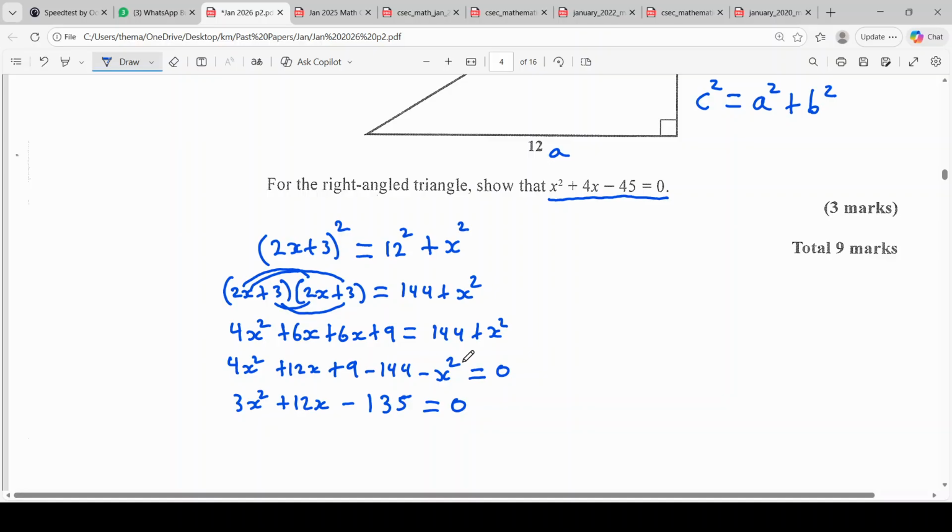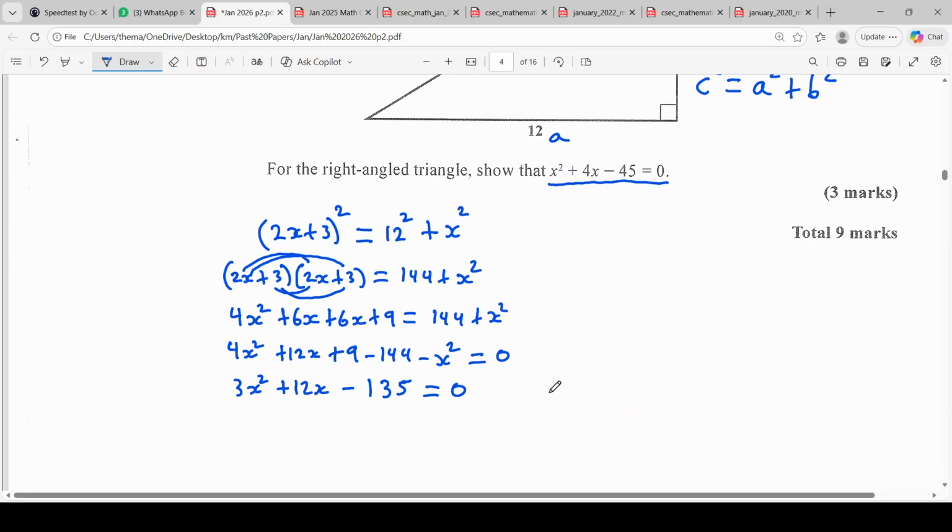Right? 4x squared take away x squared is 3x squared. 12x comes back as it is. 9 take away 144 is negative 135. Right, so we still haven't finished. We still didn't arrive at the answer.